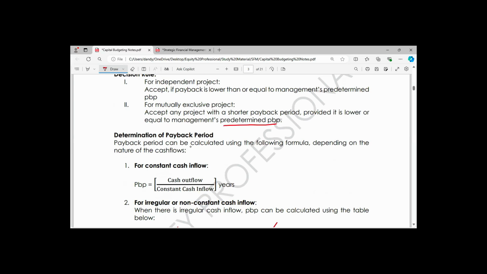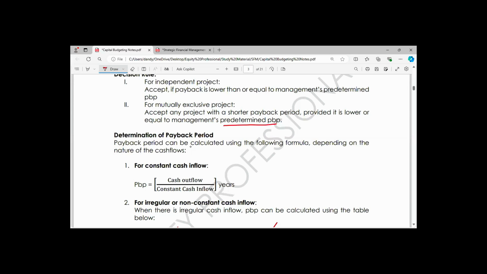If the management targeted payback period is not given to you, there will be no basis for the acceptability of the project.